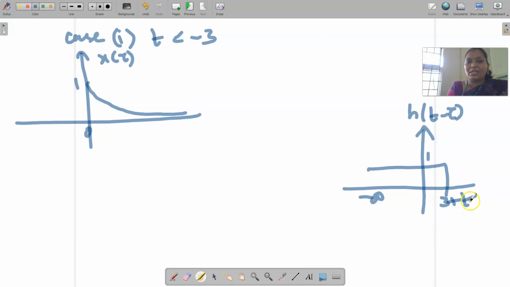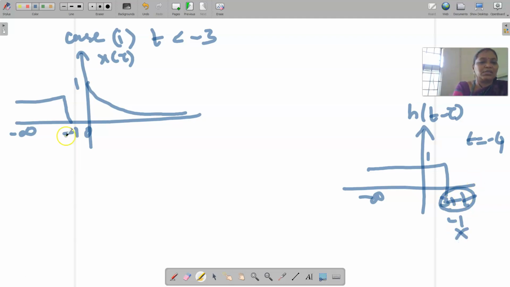Suppose my t is minus 4. What happens? This value will become minus 1, since 3 minus 4 is minus 1. So how will you draw this diagram? It will come from minus infinity to minus 1. If I take t lesser than minus 4, but actually it is not minus 1.